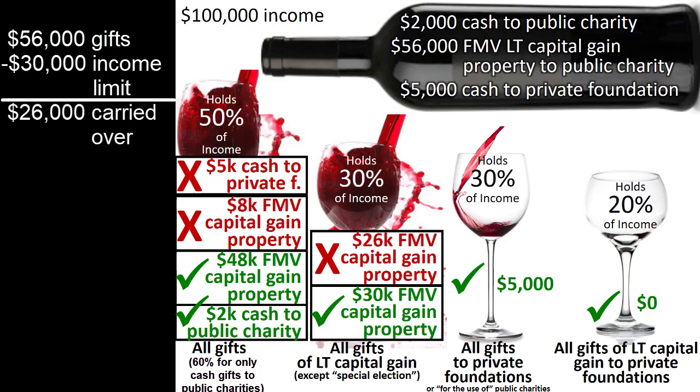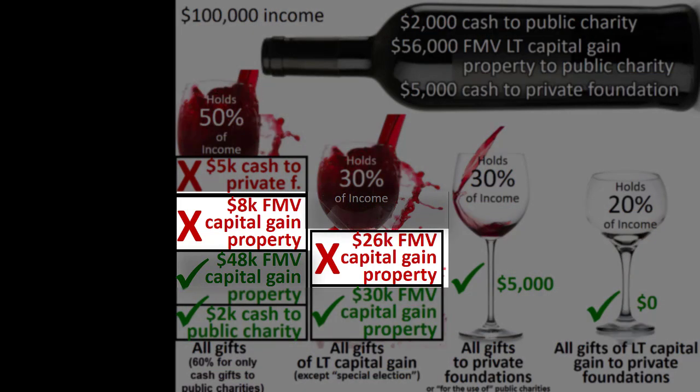The second glass can hold a total of $30,000, 30% of income. However, the donor made $56,000 of this type of long-term capital gain gifts. Thus, $26,000 of these long-term capital gain gifts spill out of the glass and must be carried forward into future years.